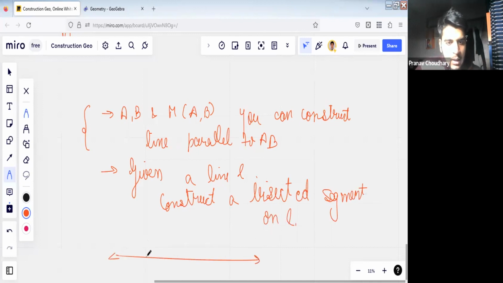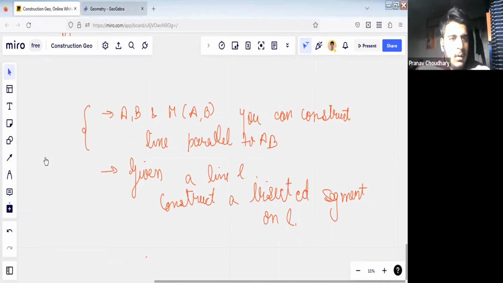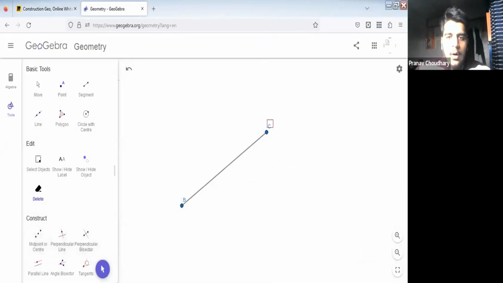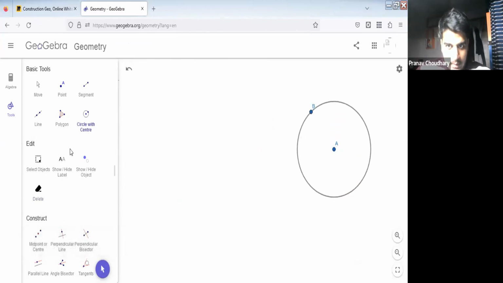Let's say I give you a line L, and if I have A and B, 2 points, if I can reflect A over B, let's say A dash, then also I get a bisected segment, right? B is the midpoint of A dash. Then also I can construct a parallel line. You can prove either of the two things, and the proof is almost identical. Okay, I'll just tell you, for this thing, you'll need the circle.